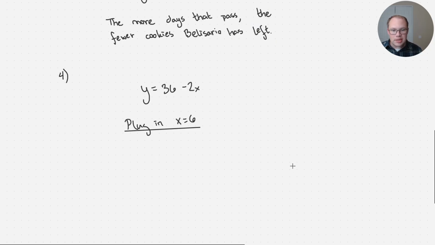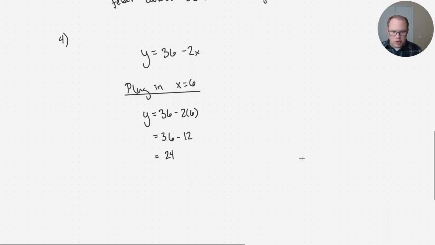So if I plug in x equals 6, I get y equals 36 minus 2 times 6, and I don't even need a calculator for this one. That's 36 minus 12. That's 24. Which means after 6 days, Belisario has 24 cookies left.